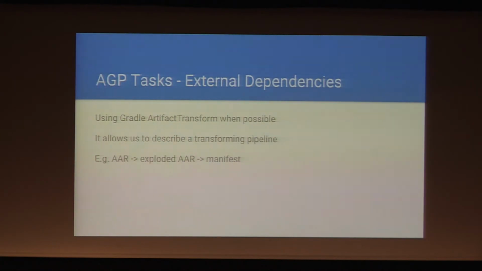So you're able to register a transform that might transform an AAR to an exploded AAR, which is basically an unzipped AAR. And you can also register a transform that goes from an exploded AAR to a manifest. Now, if you provide Gradle with an AAR, it's going to know to set up the correct pipeline of transforms to produce you the manifest, if that's what you ask for.